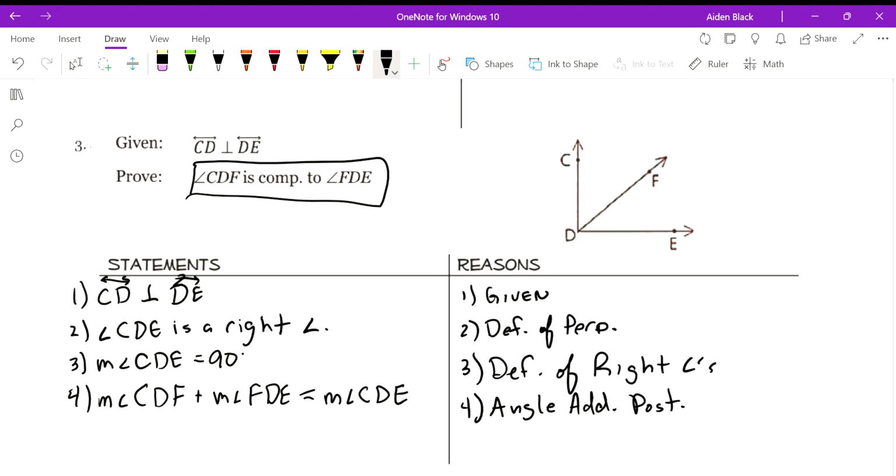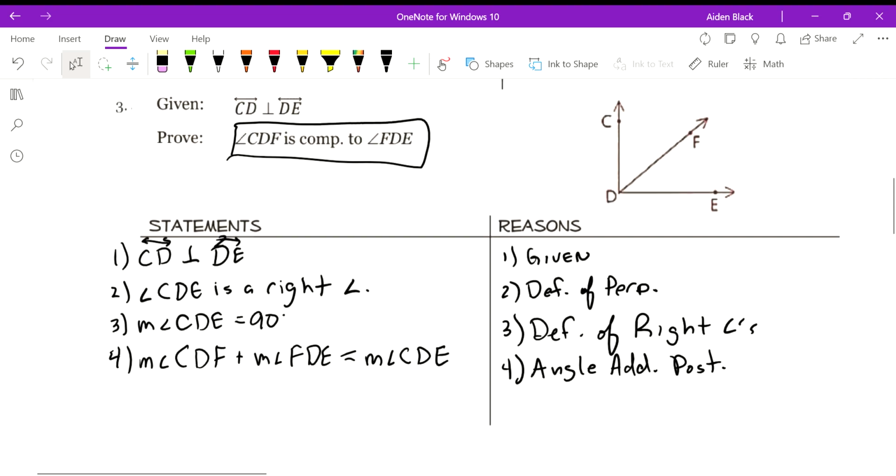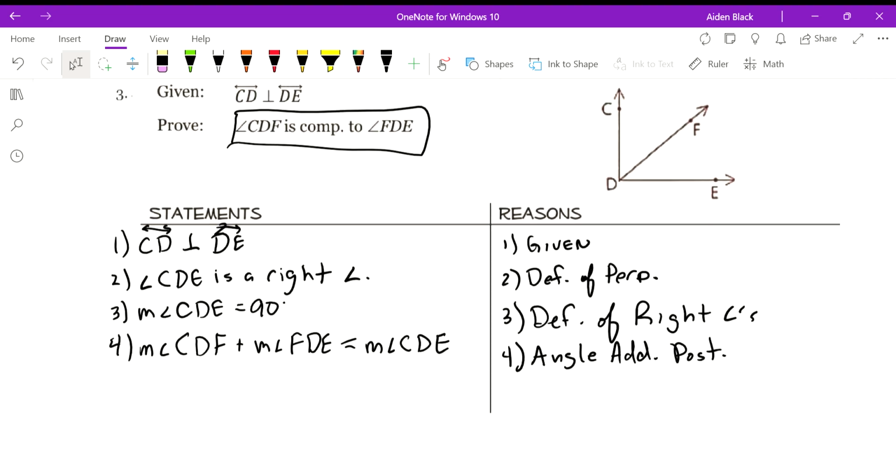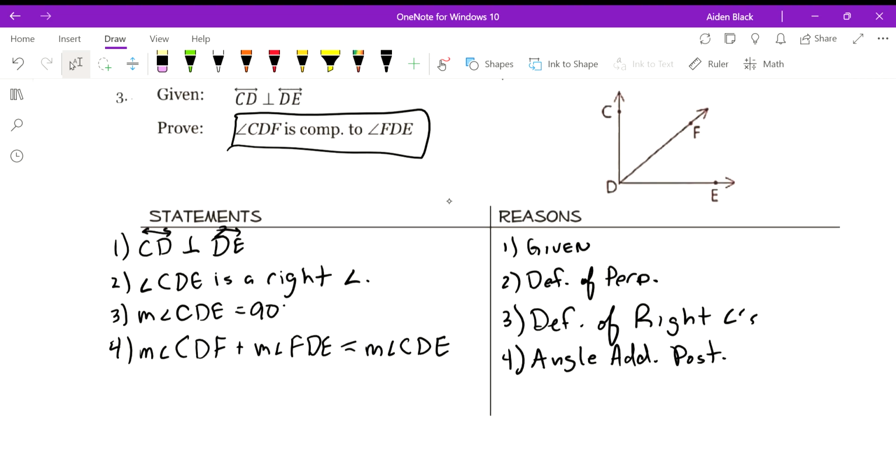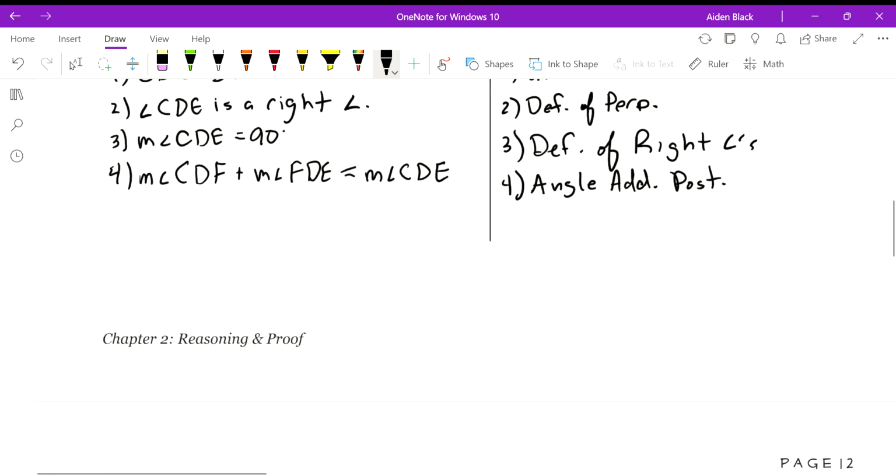This is just the angle addition postulate. We've been doing this for a long time now, really since the first week of content, Unit 1. So we're just saying this angle plus this angle equals the whole angle, which we know is 90 degrees.